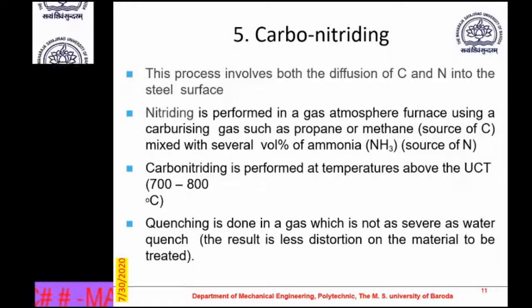Both are added to the surface at 700 to 800 degrees centigrade, and quenching in gas, which is not as severe as water, is carried out. The result is less distortion of the material to be treated.